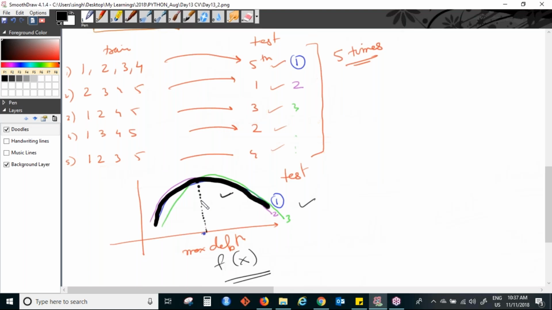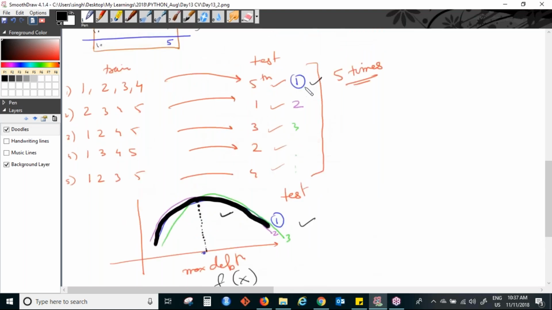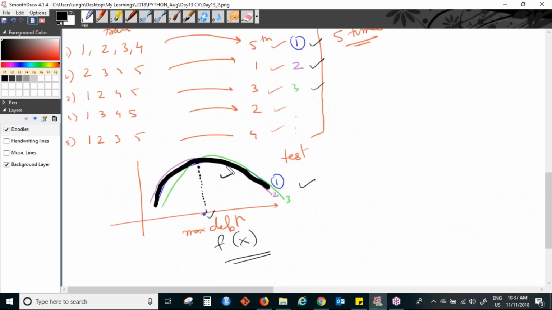Now let's say some value of max depth will be best for this model, some other value of max depth will be best for the second model, and so on. So what max depth will you select? You will select the average, of course. So you will draw average line like this, and based on that average line, you will identify the best value of max depth to select, and based on that max depth, you will finalize your model.